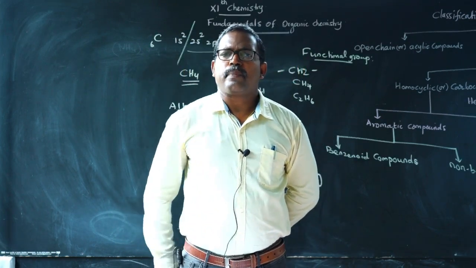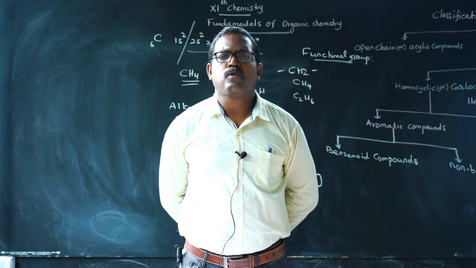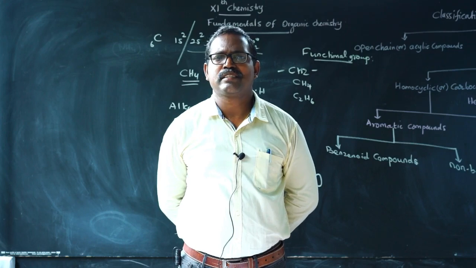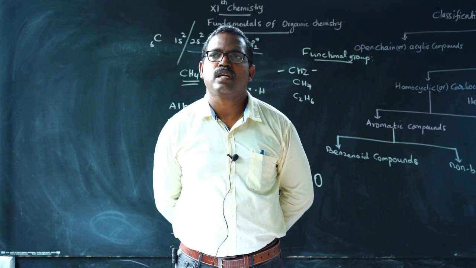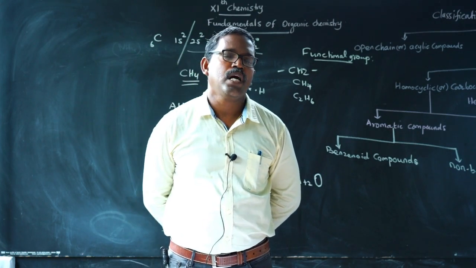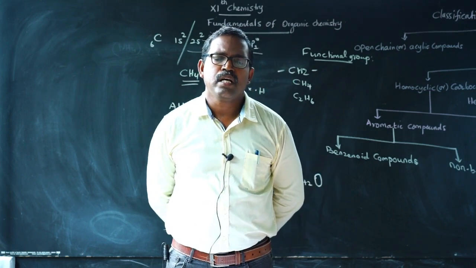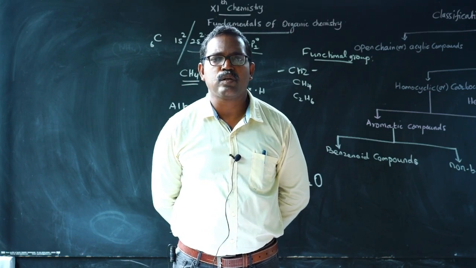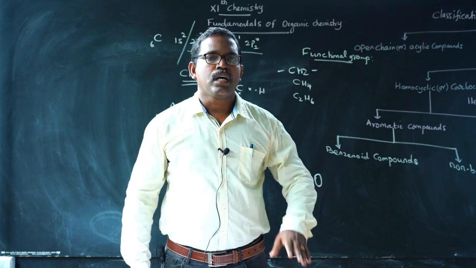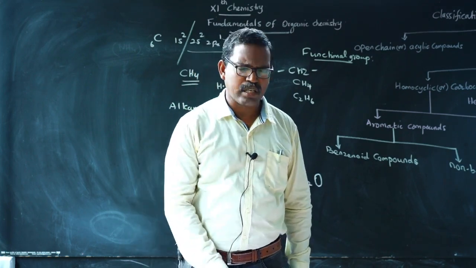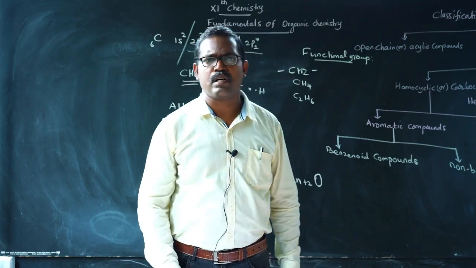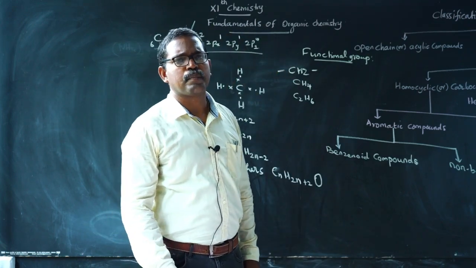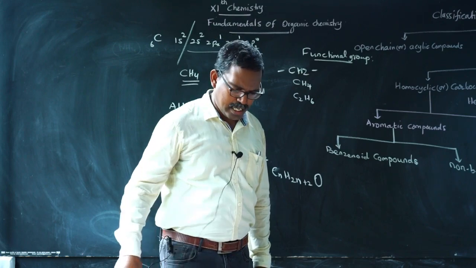The chemical properties of the members of a homologous series are characterized by a group called the functional group. More than 30 functional groups are present in the various organic compounds.